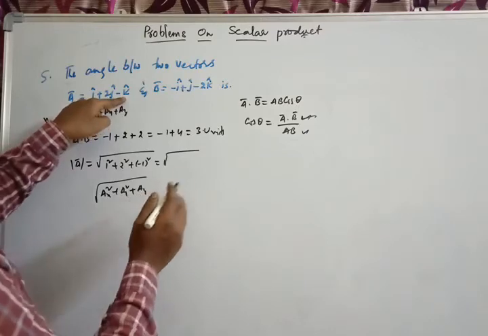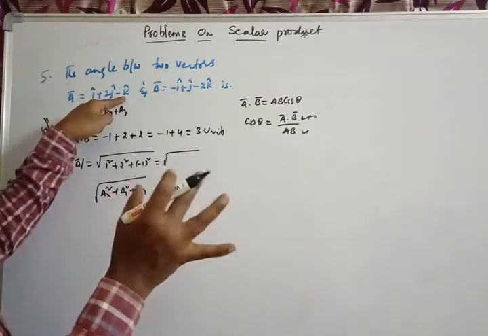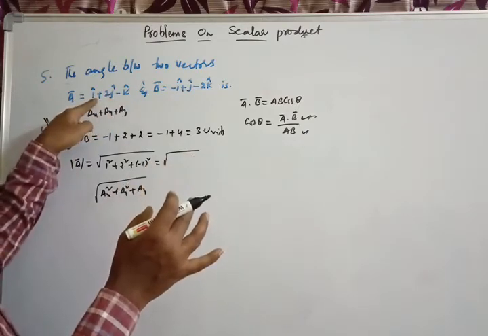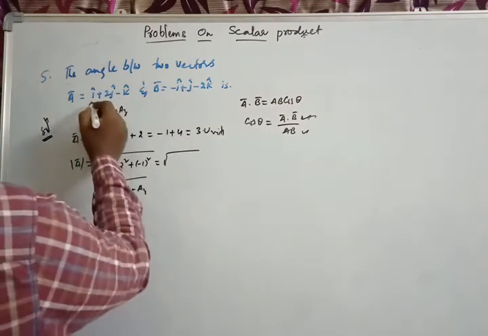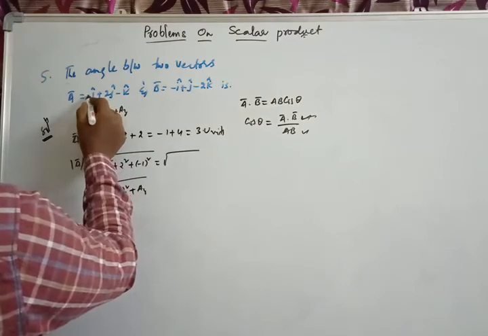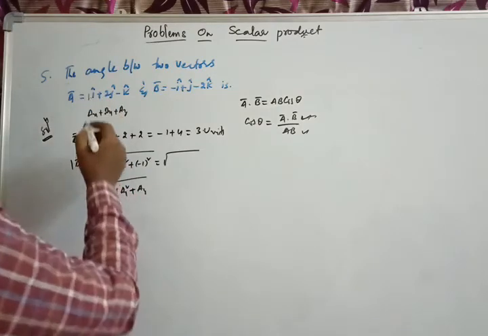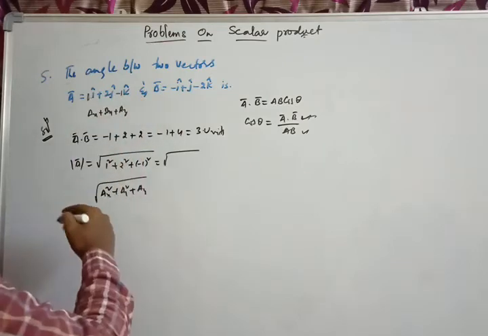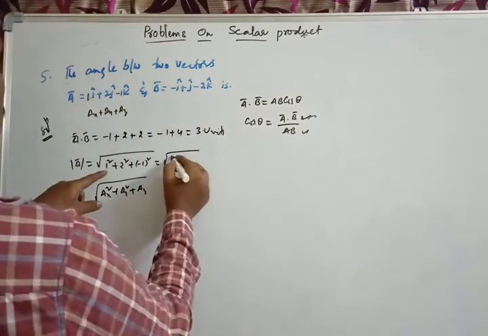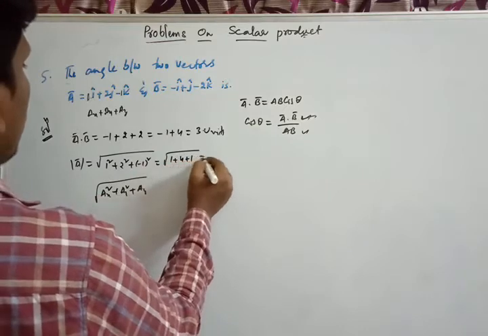Here we have to take only the components or magnitudes, not the orthogonal unit vectors. Even where there is no value shown, we consider it as 1. So this is 1 plus 4 plus 1.